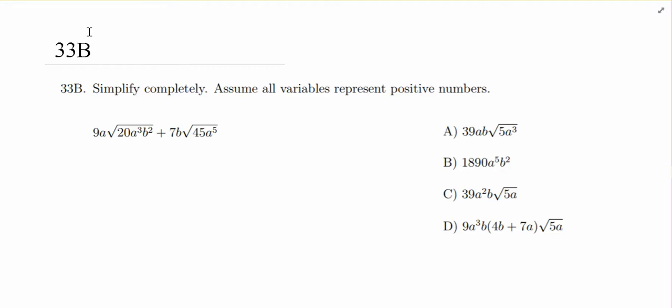So, as I look at the multiple choice options, option A, I can cross off without even looking at the original problem. I can cross off A as an answer that would not be a reasonable answer to any question ever because we've got this a cubed underneath a square root. What that tells me is that this could be simplified further, so it's not a final answer.